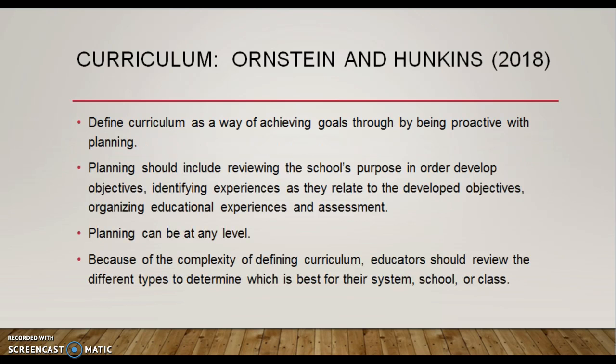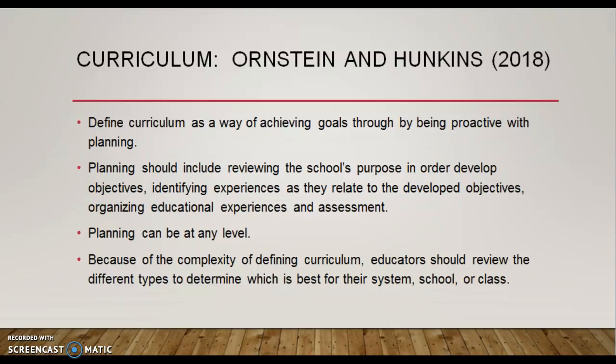But in some of the studies that I did look at, the definitions did change a little bit. Ornstein and Hunkins define curriculum as a way of achieving goals through being proactive with planning. In that planning, they included reviewing the school's purpose in order to develop objectives, to identify experiences as they relate to developed objectives, and organizing educational experiences, and then finally assessment, analyzing that whole program.